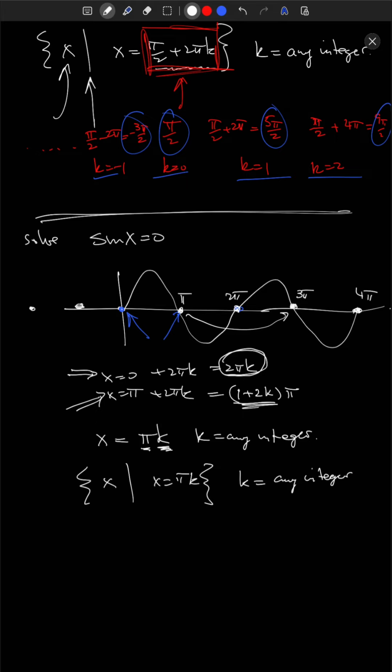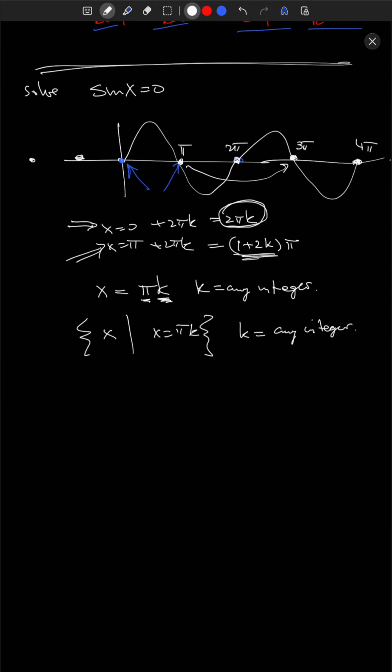It takes a little bit of reasoning, but if you look at the graph, it makes complete sense, because you can see that it hits 0 at every multiple of pi: minus pi, minus 2 pi, minus 3 pi, and so on.